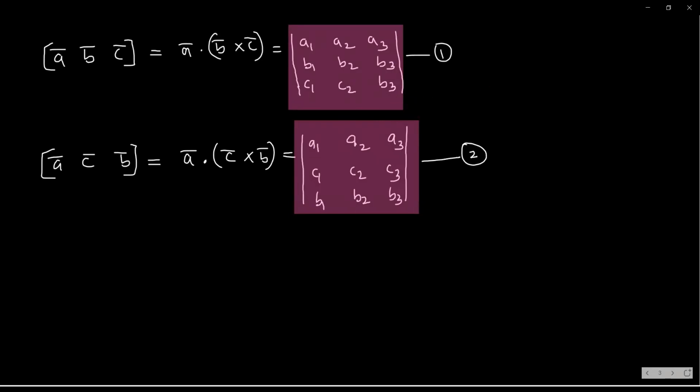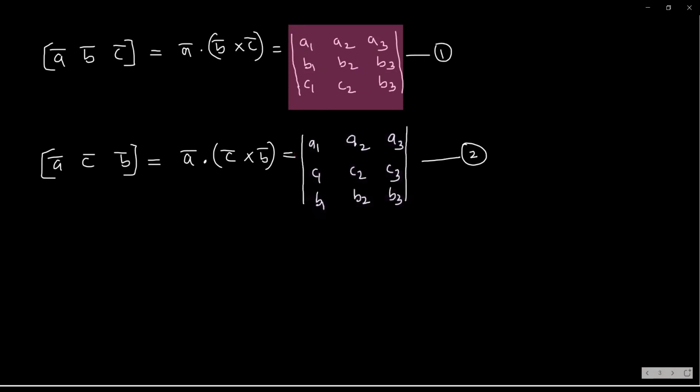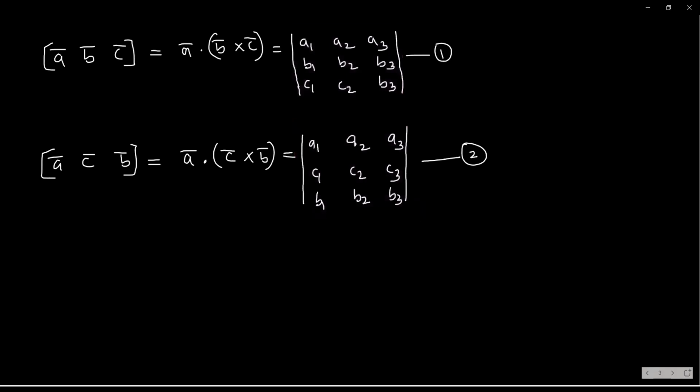So what I understand is that these two determinants are negative of each other. So in the next step, I can write this is equal to negative of the upper determinant A1, A2, A3, B1, B2, B3, C1, C2, C3.